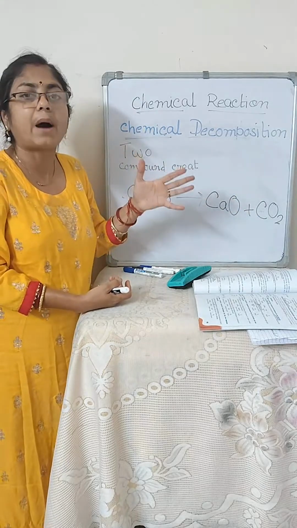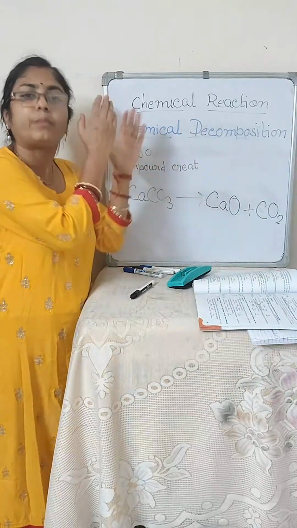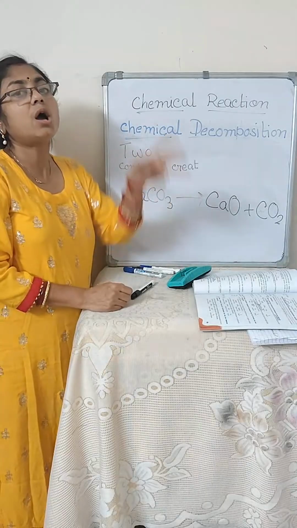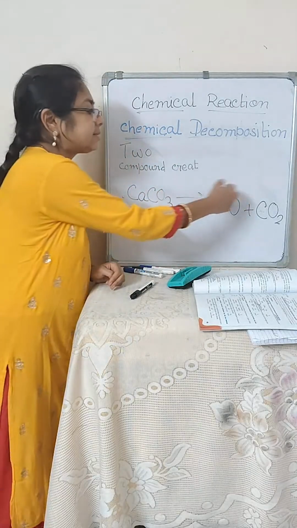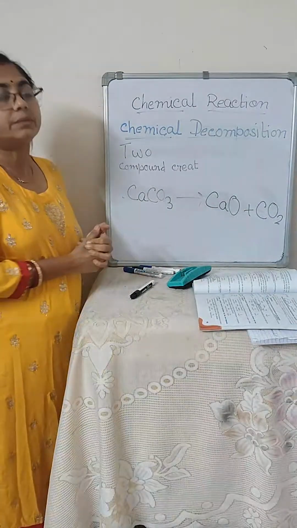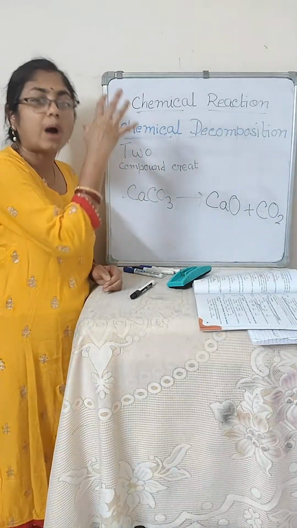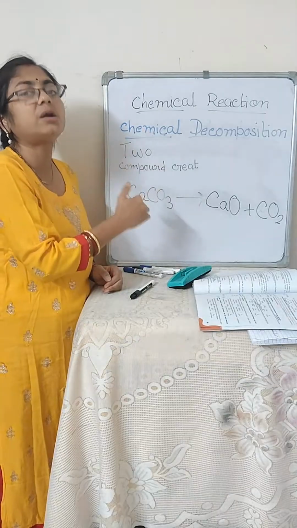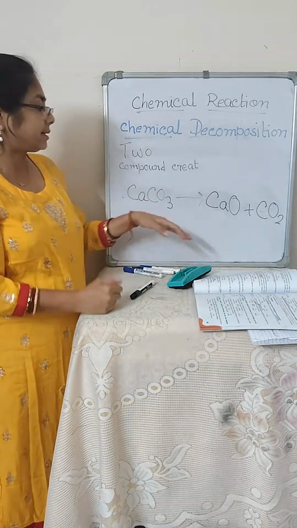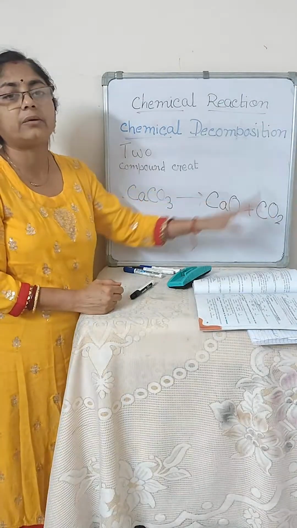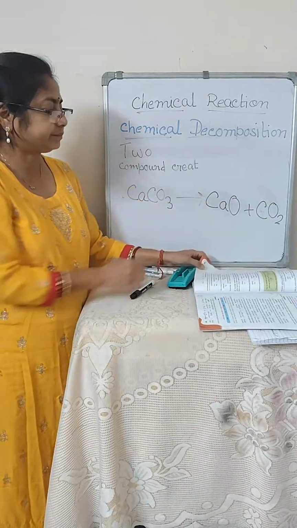Both are compounds. Means one compound broke, but what happened? Two different types of compounds were created. This is an example of decomposition where one compound breaks down and two compounds are prepared. One is calcium oxide, another one is carbon dioxide.